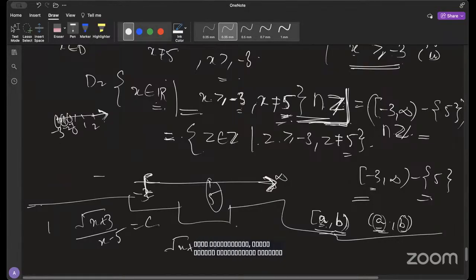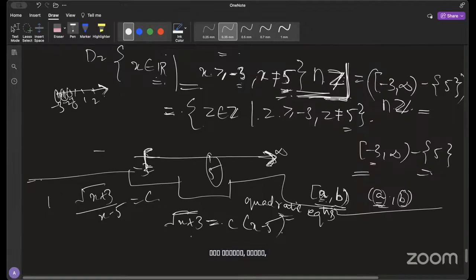See, this will involve quadratic equations that are not a part of this week. But I'll just give you a hint, because you will be doing quadratic equations later. c times x minus 5. And if you square both sides, you will get x plus 3 equals c square times x minus 5 whole square.